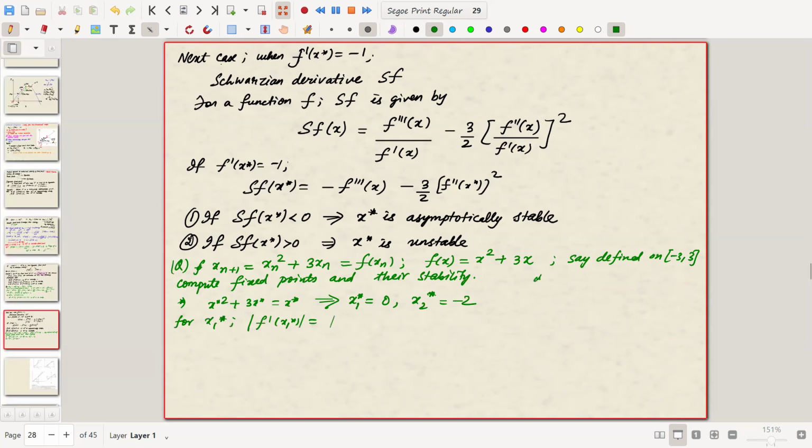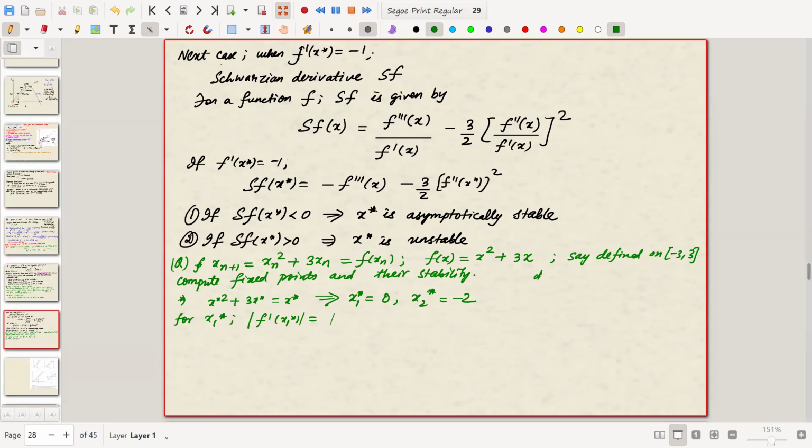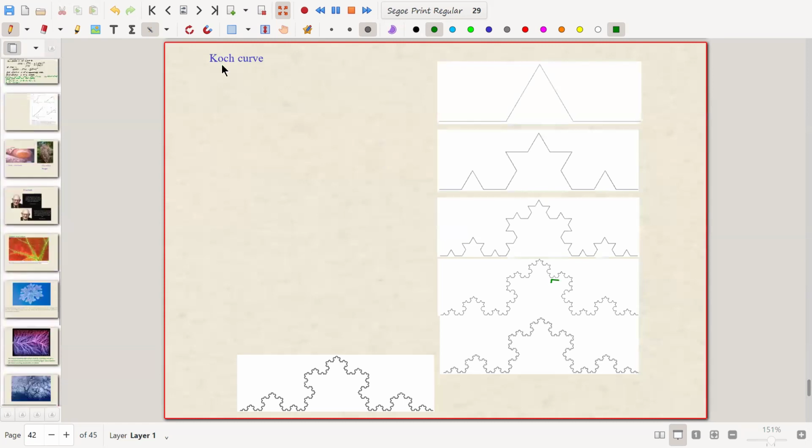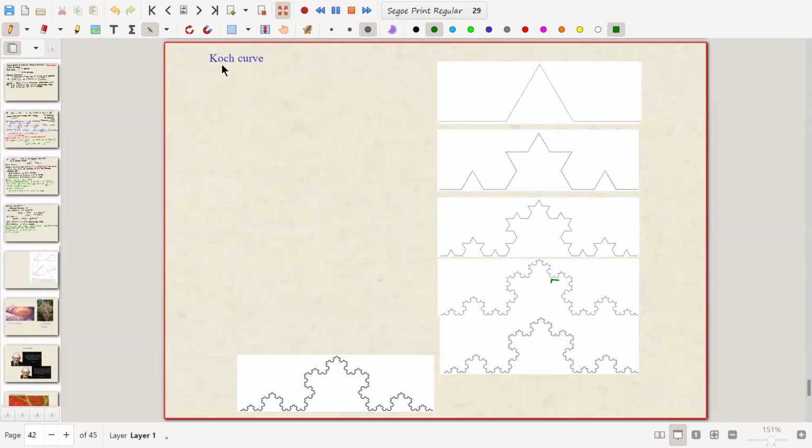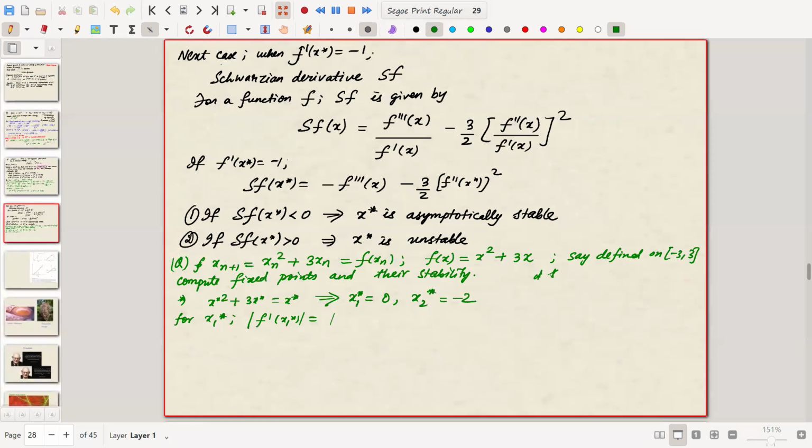F of x is this, so df by dx is: the derivative of x^2 is 2x, isn't it? Plus 3x, whose derivative is 3. So 2x1* + 3. What is x1*? It is 0.